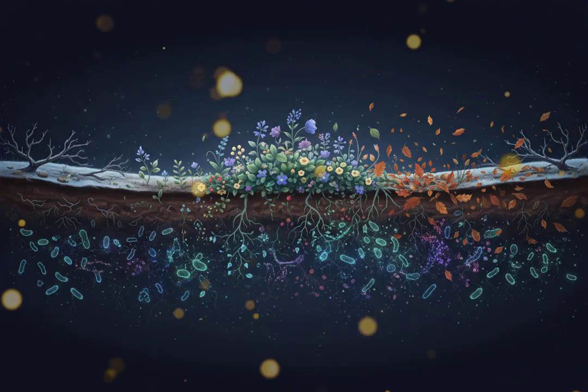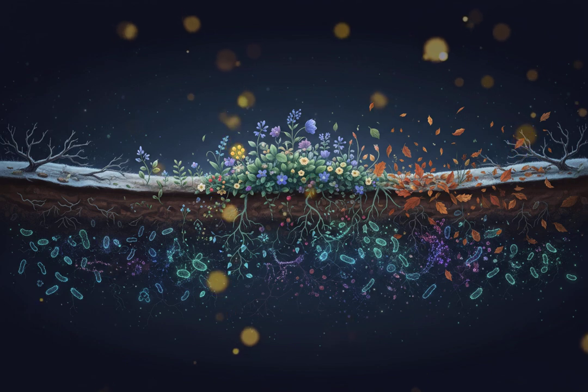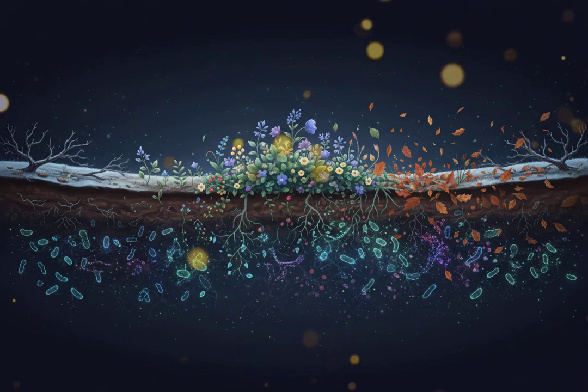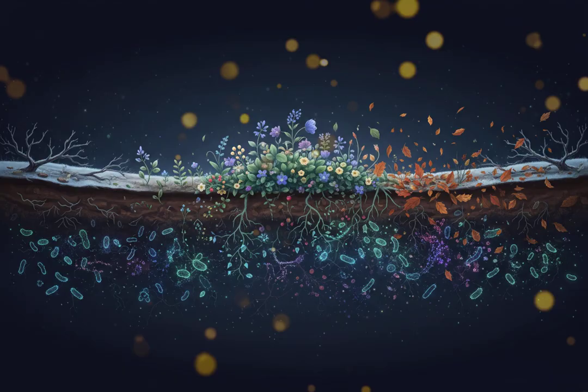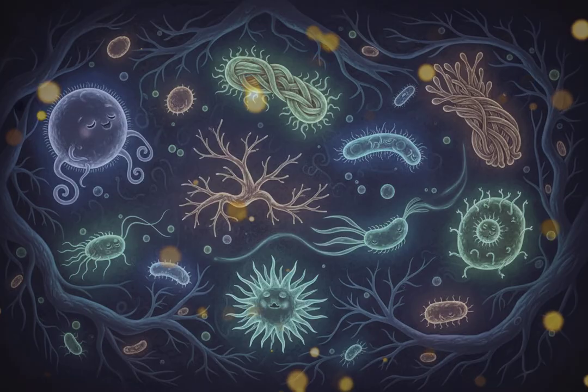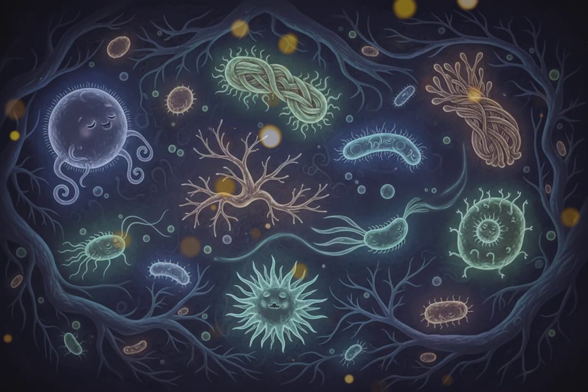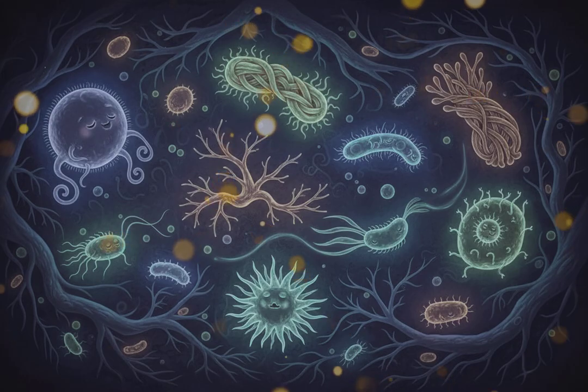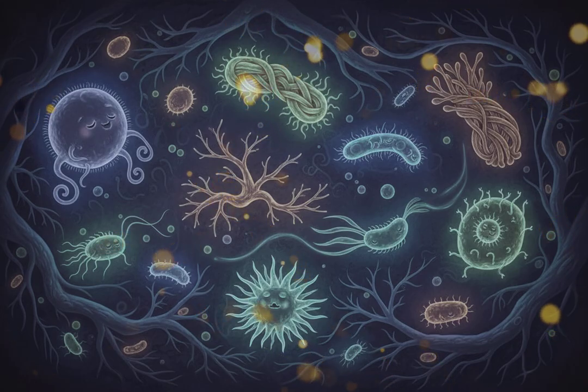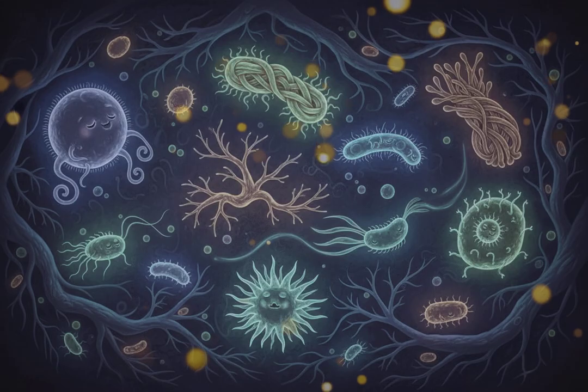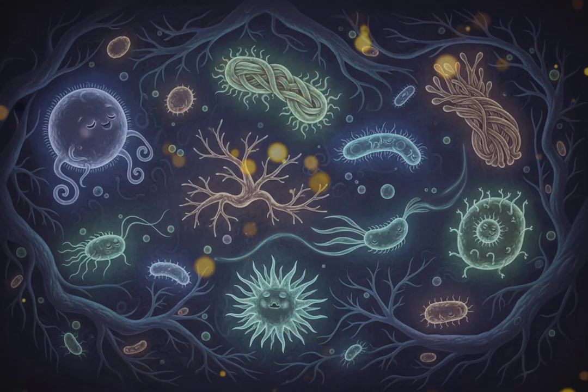The ability of soil to retain water is another remarkable gift from the microbial world. Moisture retention is a critical factor in plant health, especially in times of drought. Microbes enhance this capacity by creating a network of tiny pores within the soil, which hold water like a sponge.